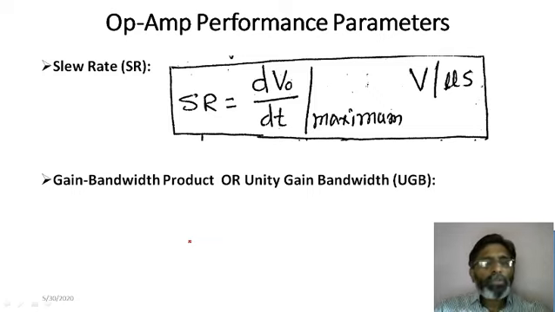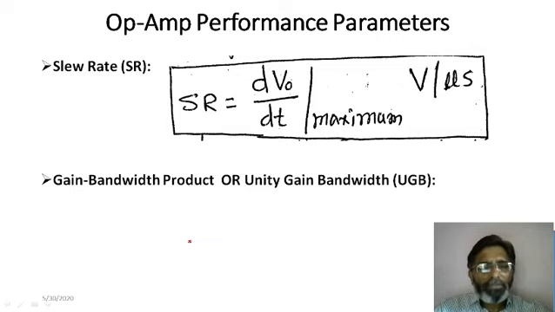Specifically, when we are using an op-amp for AC applications where our signal amplitude is continuously changing, this parameter is very important, and the output voltage should change very fast with respect to time. That is what we expect. At what rate it changes is given by this particular parameter for a particular op-amp.